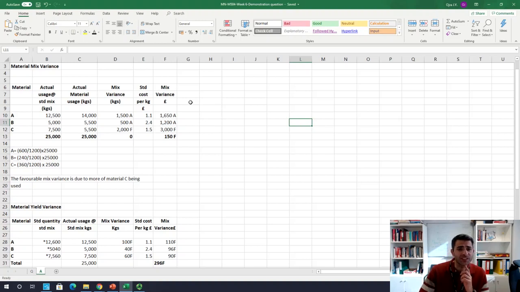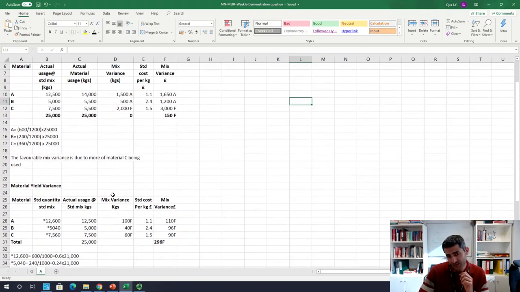So when it comes to material yield in the second column, guys, there are two methods to calculate it. I will explain both, but I'm in favor of the table because it makes it much easier than the second method. Okay, let's have a look.